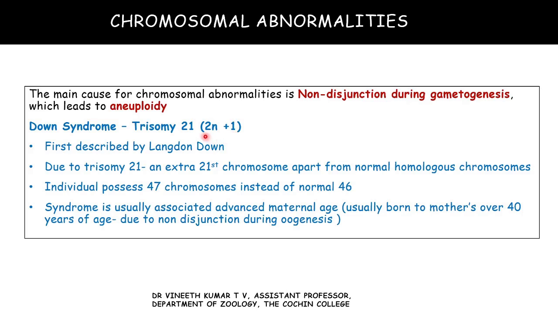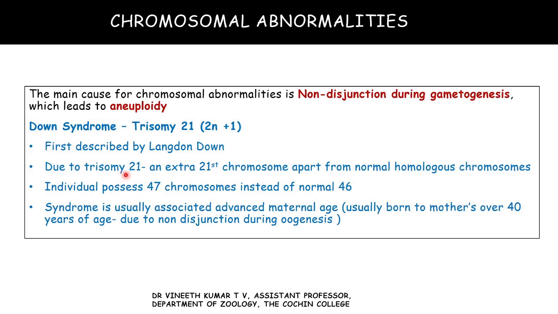It is also represented as 2n plus 1, where 2n is 46 and the plus 1 is the extra 21st chromosome, so instead of 2 you have 3, and that counts to 47 chromosomes instead of 46.